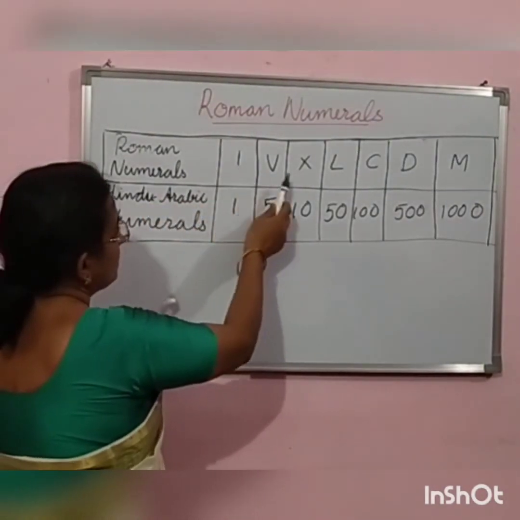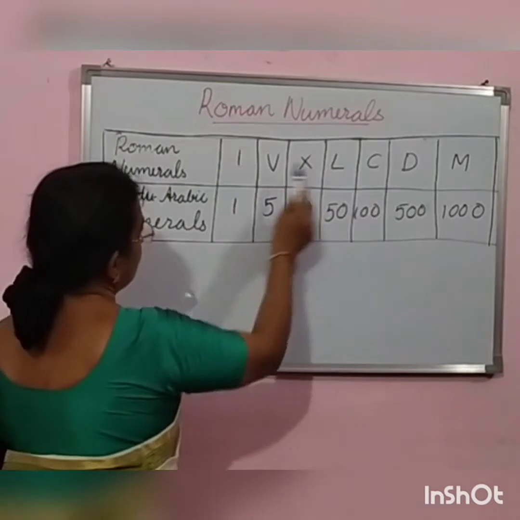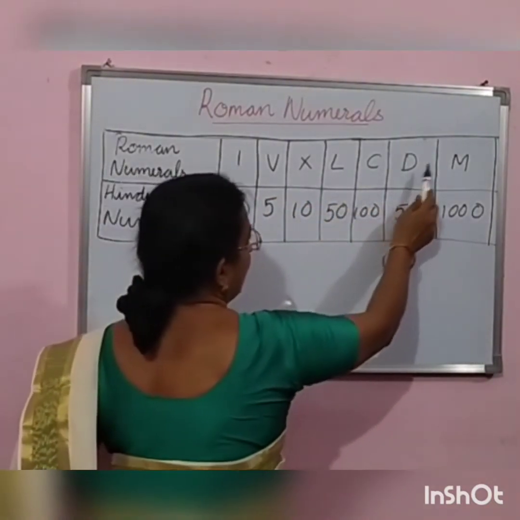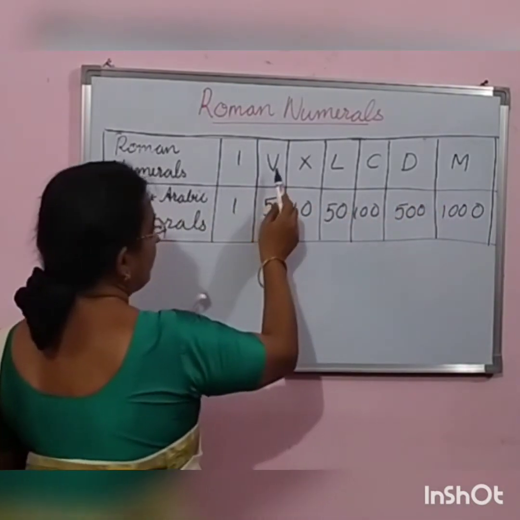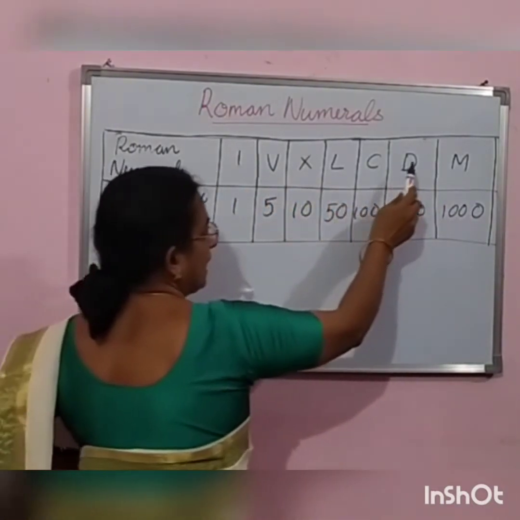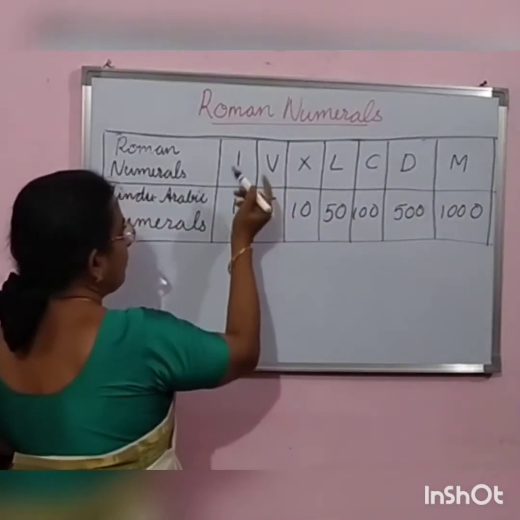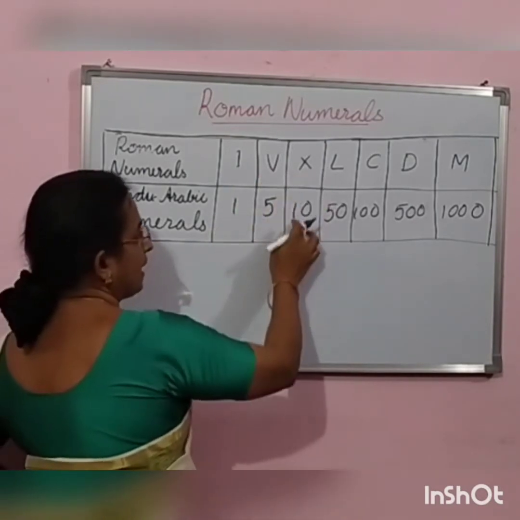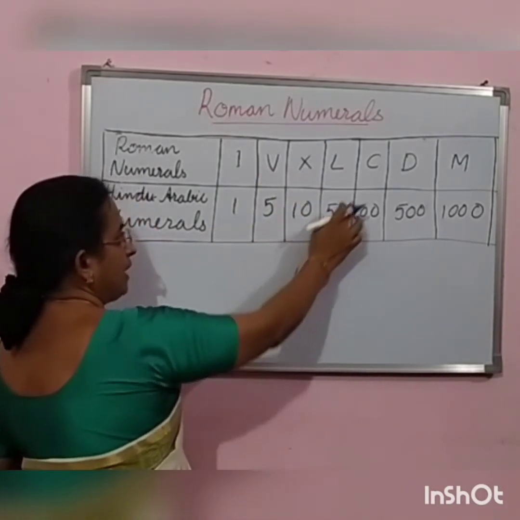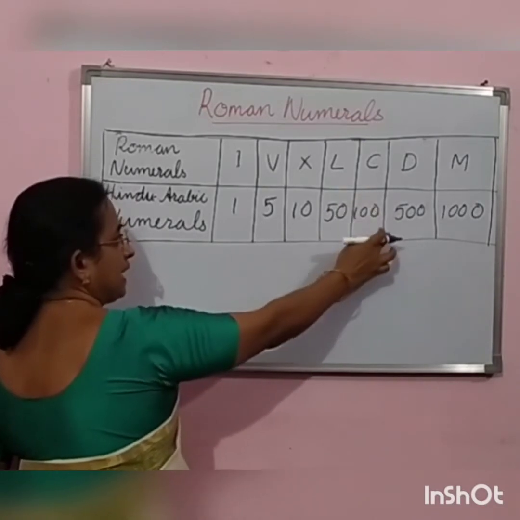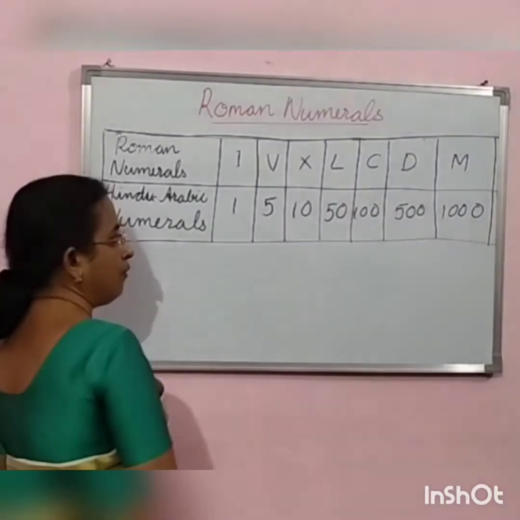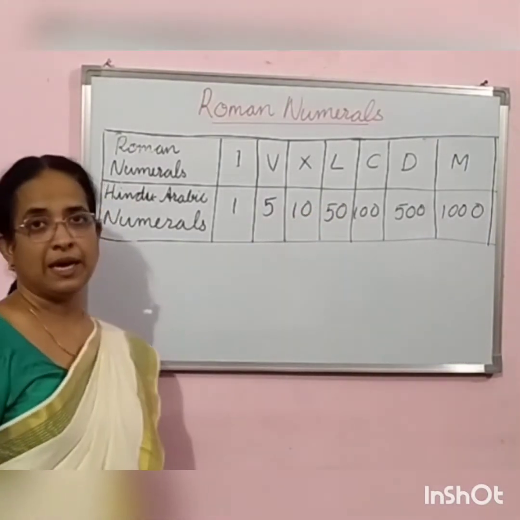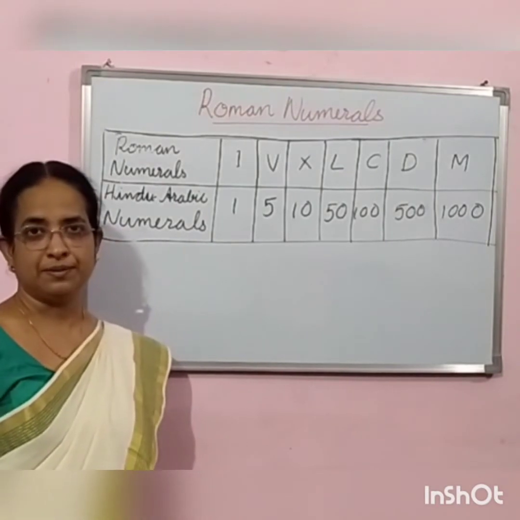These are the Roman numerals: I, V, X, L, C, D and M. I stands for 1, V stands for 5, X stands for 10, L stands for 50, C stands for 100, D stands for 500, M stands for 1000. These are the 7 symbols in the Roman numerals.